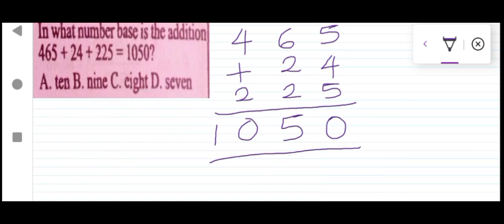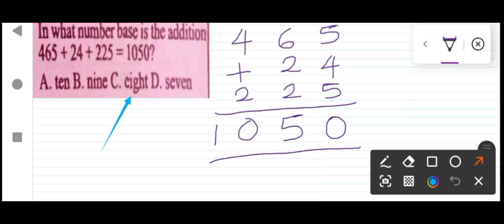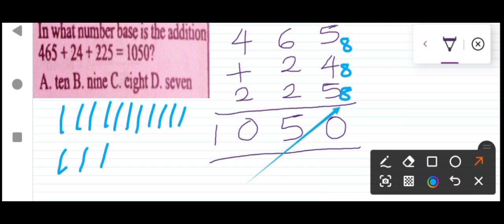So let's try the next, which is base 8. So let's figure out base 8. And now we need to add these values again. So we already know it's 14. So let's count 14. Remember that we are working in base 8 now. So every count of 8 becomes 10.